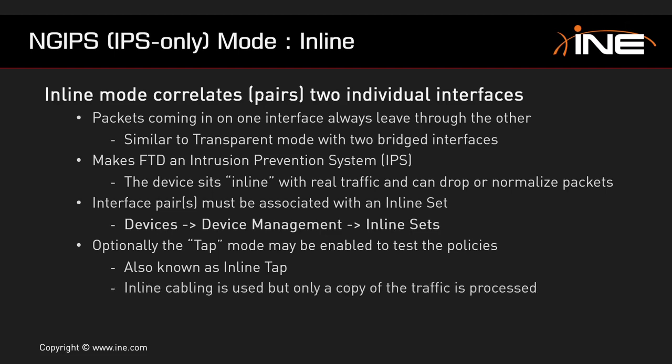Why would you actually use a mode like this? It's just to test your policies. So for example, you want to cable the network as if it is to support the real inline pair configuration. So you want FTD to sit in the data plane.